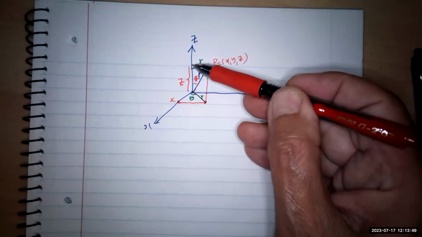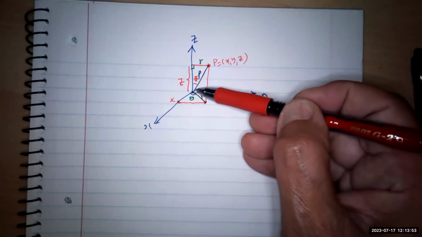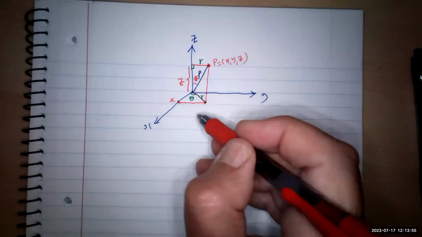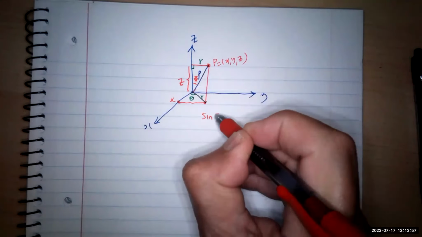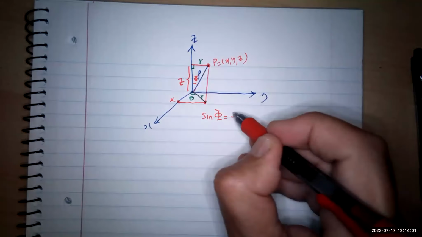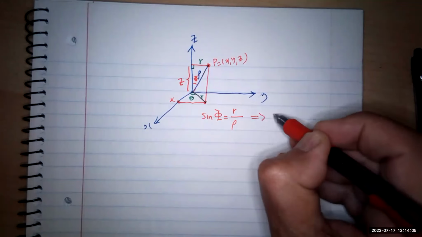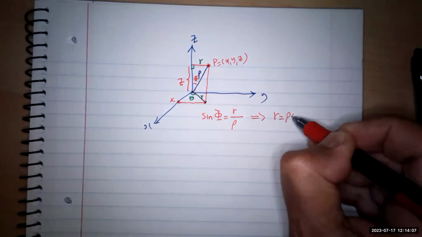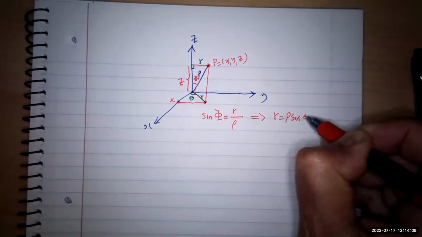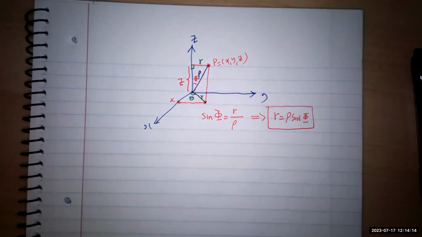Sine of phi is the opposite side, r, over the hypotenuse, rho. We cross multiply, and that gives you r equal to rho sine of phi. It's a very important formula. You have to know it. It will help us quite a lot.